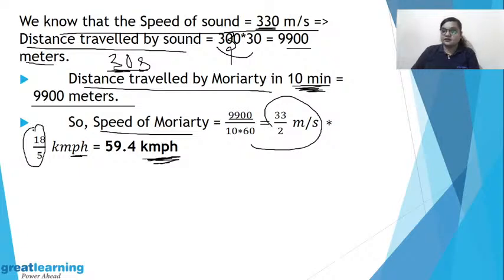Or you can directly convert it for hour and go in such a way also. So what I did was I calculated it for seconds first. That is 33 by 2 meter per second or 59.4 kilometer per hour. Are you people clear with this question? Guys, are you clear with this question?